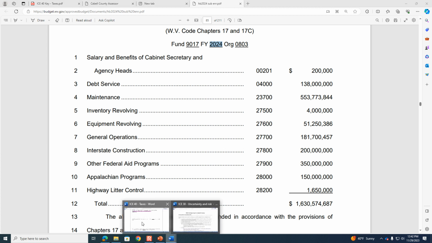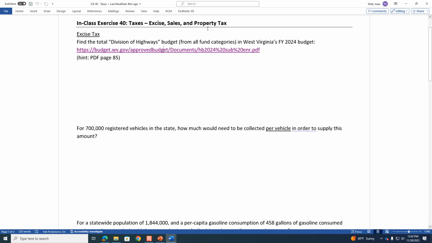So what this is asking in the in-class exercise is, if this is how much money they're going to spend this year, what if you needed to just collect that through vehicle registration? How much would you have to charge to provide that entire budget on the basis of 700,000 registered vehicles in the state?